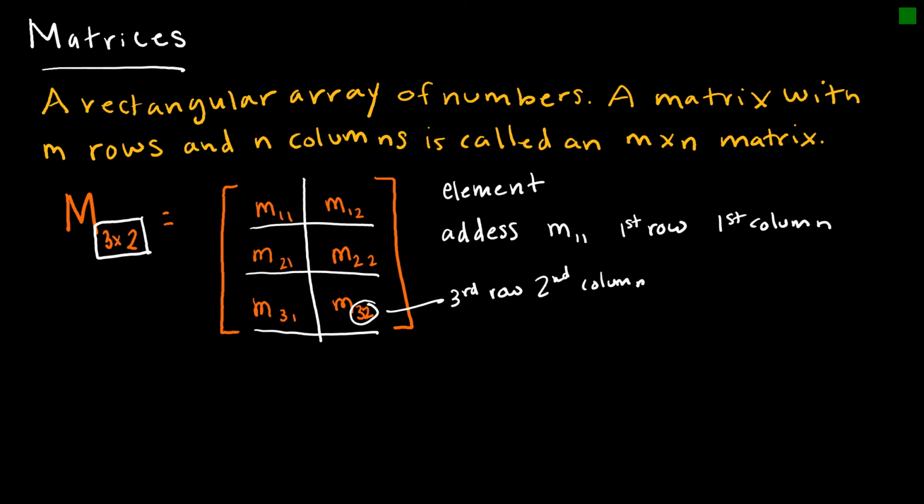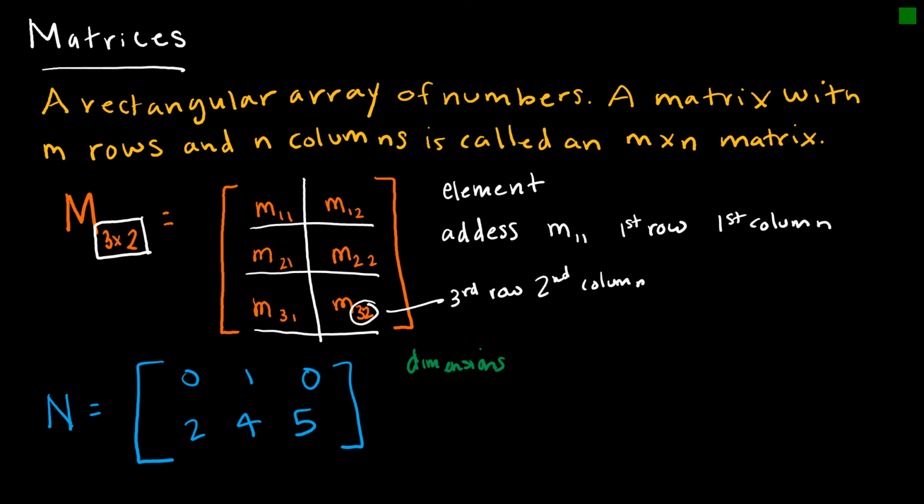So let's say I had a matrix 0, 1, 0, 2, 4, 5, and we're calling this matrix N. So we might be asked to determine the dimensions, and the dimensions here would be a 2 by 3, because I have 2 rows and 3 separate columns.